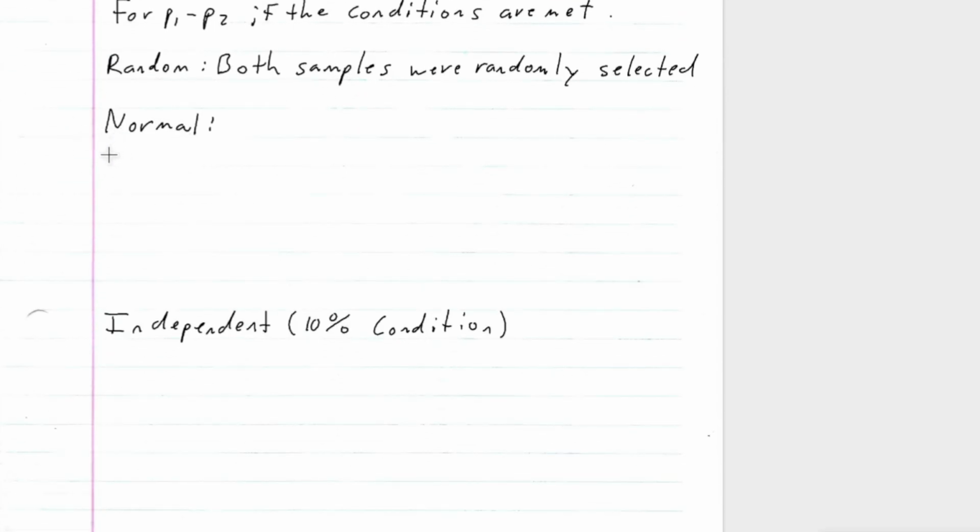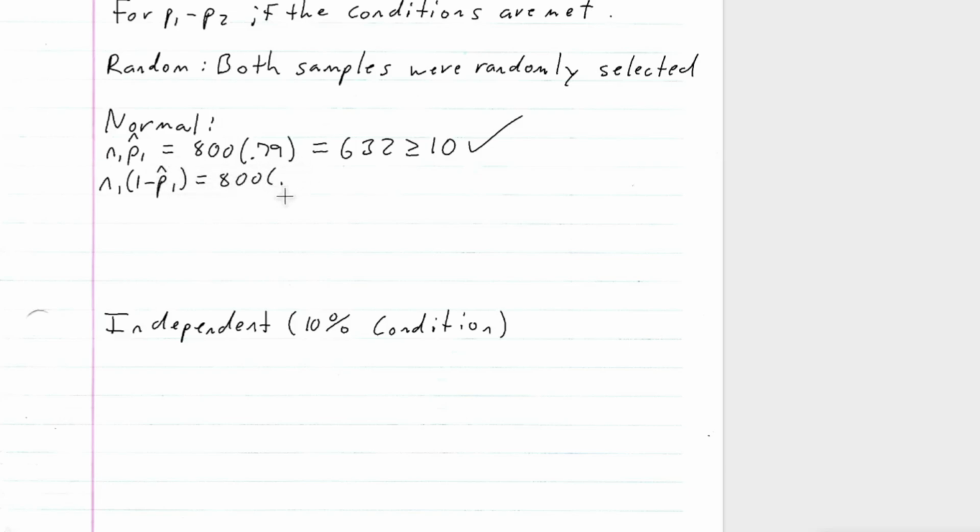So that's going to be n1 times p1 hat, which is equal to 800 times 0.79, and that would be 632, which is bigger than or equal to 10, so that checks. Now the second one, n1 times 1 minus p1 hat, which is 800 times 0.21, which is equal to 168, which is of course bigger than or equal to 10.